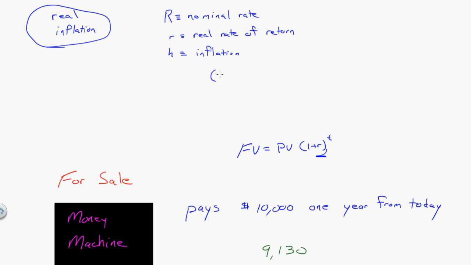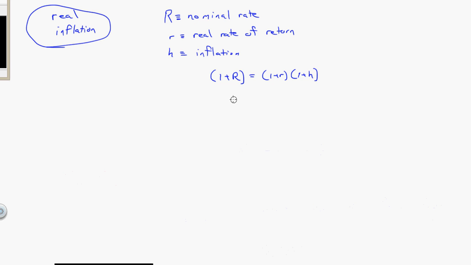And I can tell you 1 plus capital R is equal to 1 plus lowercase r times 1 plus inflation. So I can solve this and say the nominal rate is equal to the real rate plus inflation plus real times inflation.